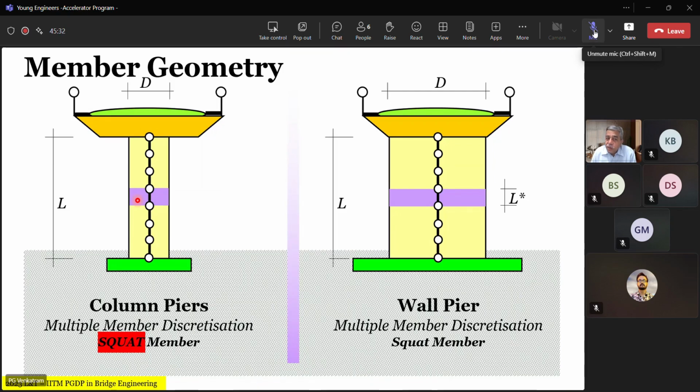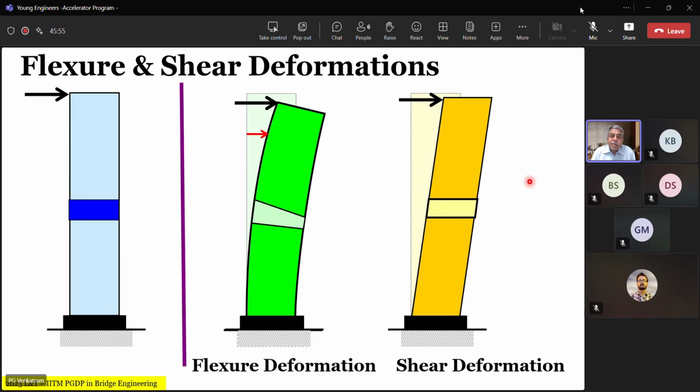So therefore, when you do a finer discretization, you are converting even the slender member into a squat member. Now, there are some fundamental behavioral differences between a slender member and a squat member. And to understand that, we should understand the concept of deformation.